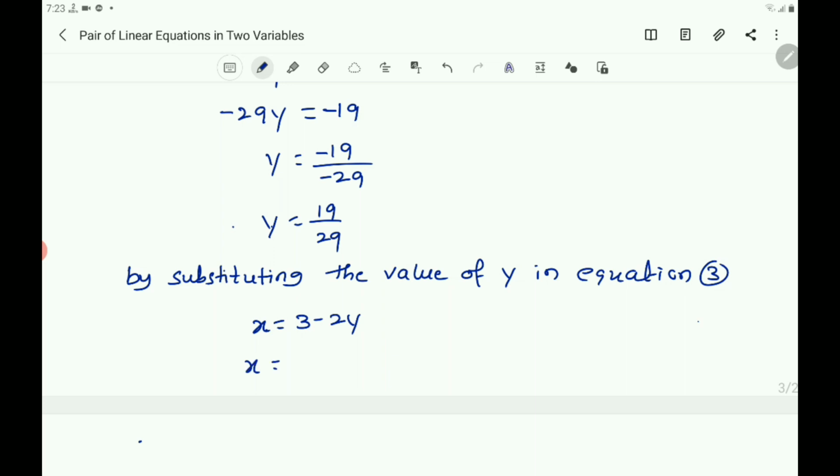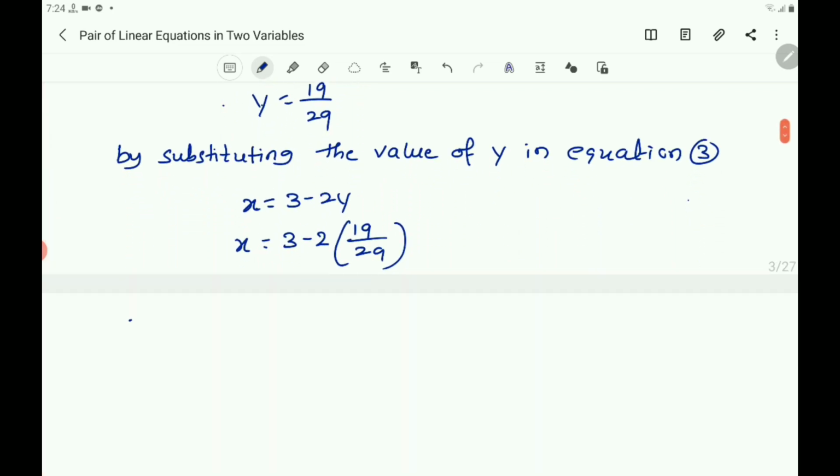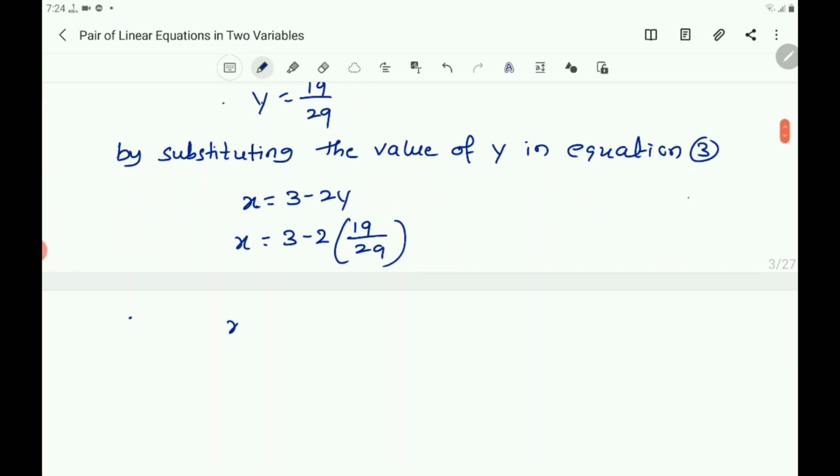Then you write x equals 3 minus, in the place of y, write the value of y, 19 by 29. 2, you write 2 only, into y value is 19 by 29. Then you will get x equals 3 minus 2 19s are 38 by 29.